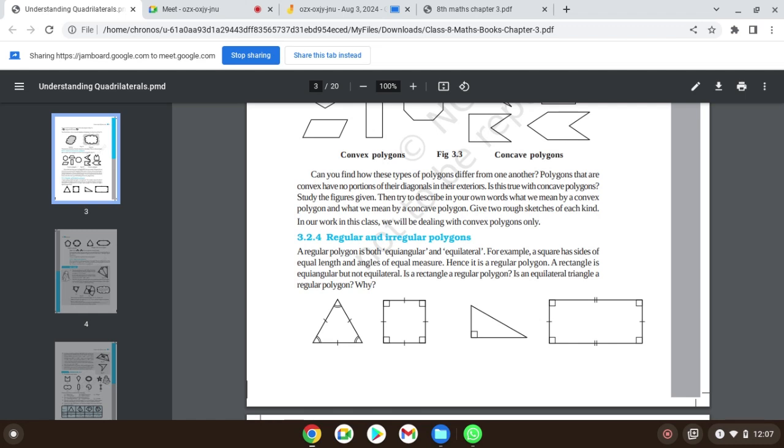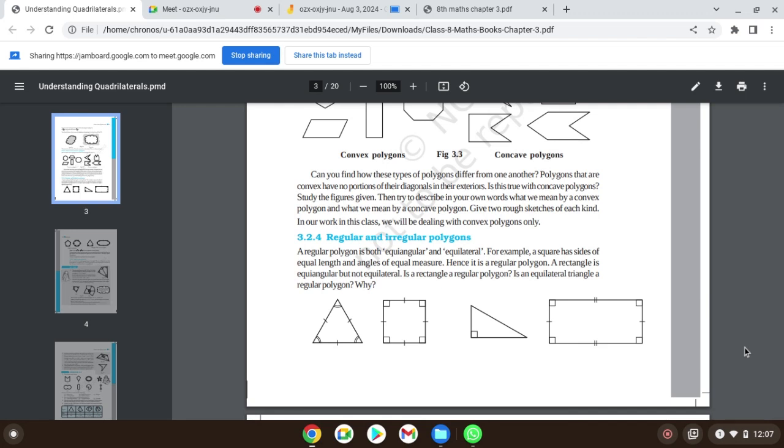They all have the same measurement. Yes, they are equilateral and equiangular. Equilateral means they have the same sides in the same length. Each line is equal in length with each other, and equiangular means every corner has the same angle. That's why these shapes make regular polygons.